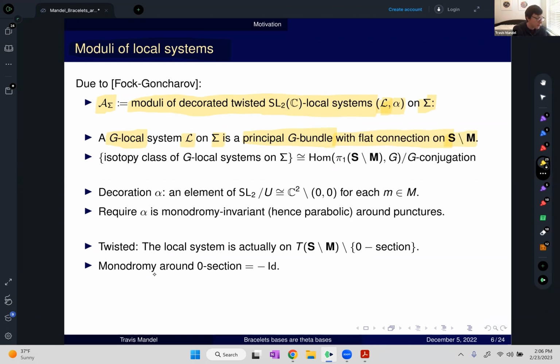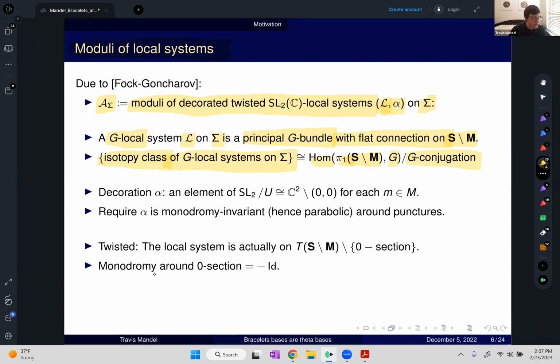A useful tool for understanding these is the fact that the space of isotopy classes of G local systems on sigma is isomorphic to Hom from the fundamental group of the surface minus the marked points to G, modulo G conjugation.